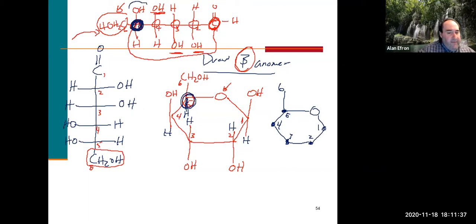If you look at carbon number 5, there's an OH, there's an H, and at carbon number 1, there's a carbon and an oxygen. So I'm just going to isolate those 2 carbons. This is carbon 5, for example, and I won't draw out the other ones. And then this is carbon 1, right? What that relates to is when we close the ring, this carbon and this carbon come and attach to each other. But in the process of them closing in on each other, you can see there's one oxygen here, one oxygen here.